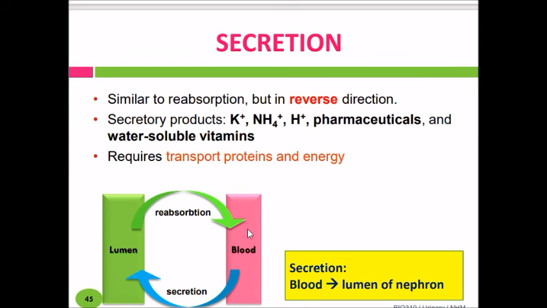Meanwhile, secretion is the process where the blood will secrete some substances to the lumen of the nephron. Usually the products secreted by the blood are potassium, ammonium, hydrogen ions, pharmaceuticals, and some water-soluble vitamins. It requires transport proteins and also energy.